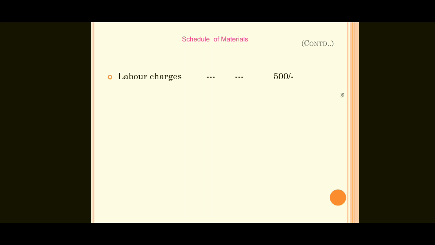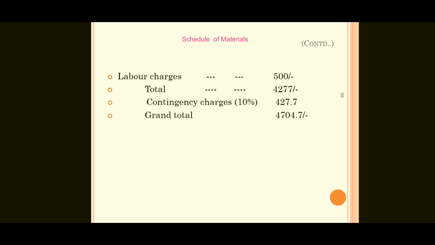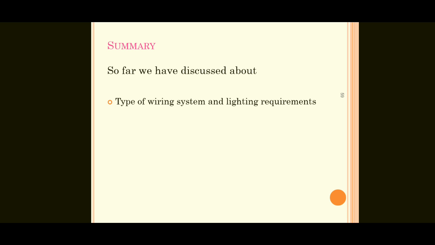Labor charges, 500 rupees. Total 4,277 rupees. Contingency charges, 427.7. Grand total 4,704.7 rupees. So total 4,700 rupees.